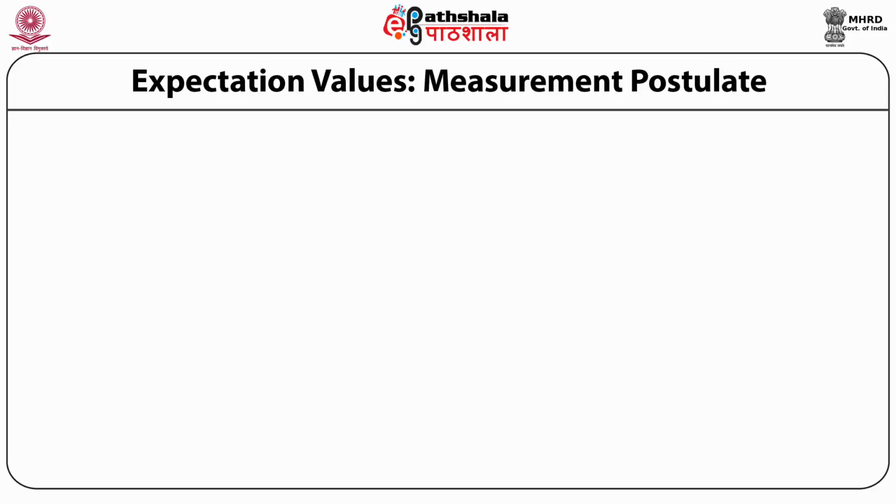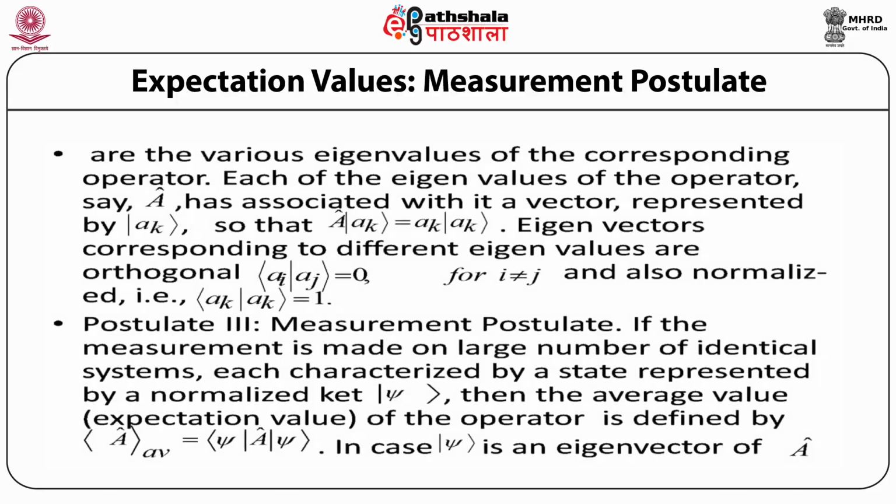Expectation values measurement postulate. Now, continuing postulate 2, we see that the only measurable values of a physical observable are the various eigenvalues of the corresponding operator.